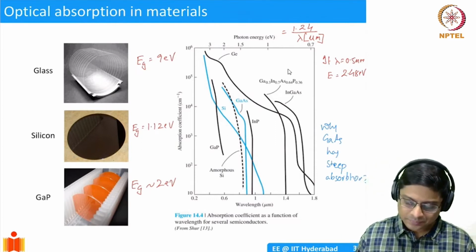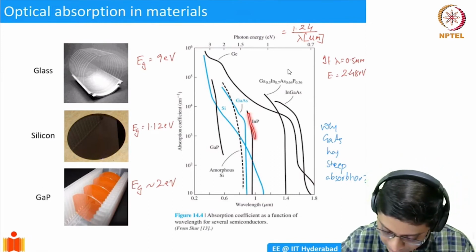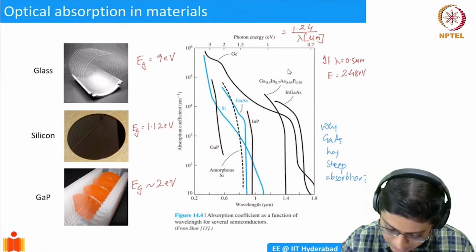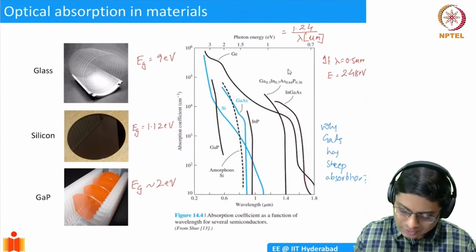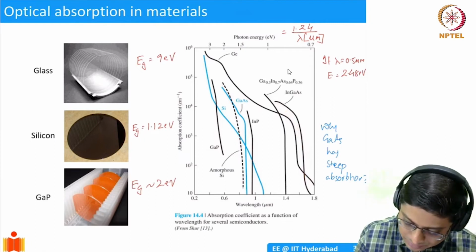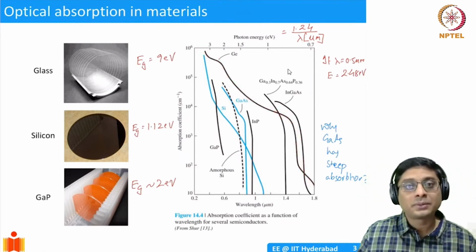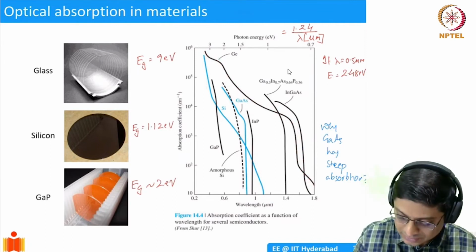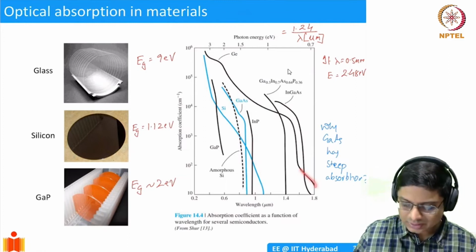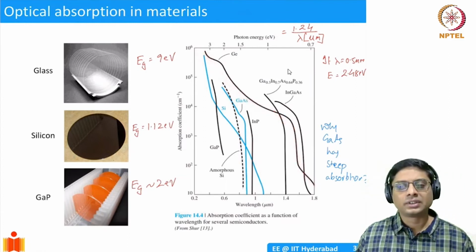If you notice, a few other compounds like indium phosphide also have a very steep absorption. I'll talk about these other things in the next few lectures. We will get back. But if you look at germanium, germanium has a more gradual change. Of course, germanium's band gap is only roughly around 0.8 eV. So that's why it starts absorbing even at longer wavelengths. So this is how the trend is.